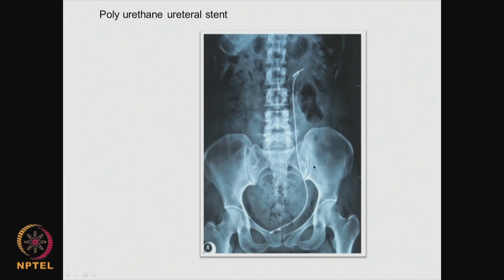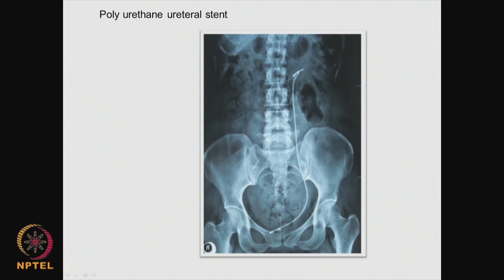Sometimes this ureter can get blocked because of infection, or if there are stones in the urine, sonication is performed to break the stones. So, you need a nice opening so that the small broken powder stones can flow down. So, they place this particular material called a ureteral stent. It is quite flexible, it is made of polyurethane. After about 5 to 6 weeks the doctor has to perform another surgery to remove this.